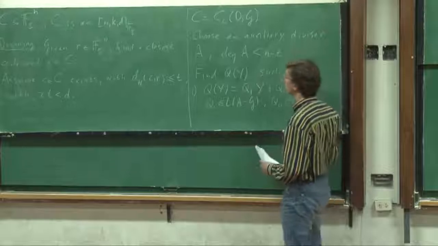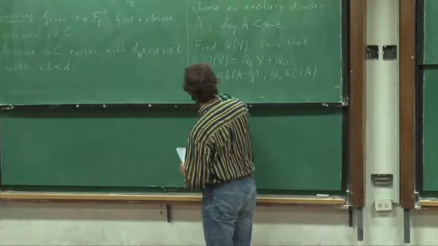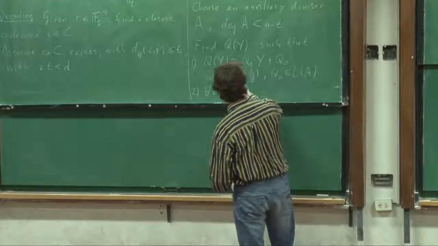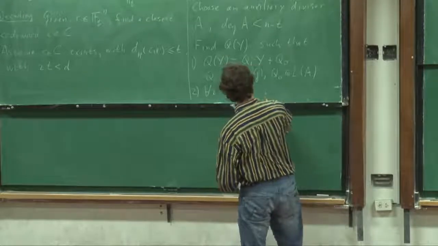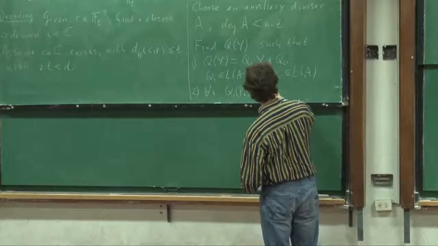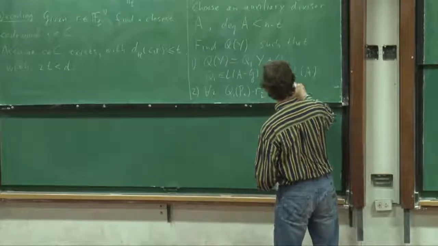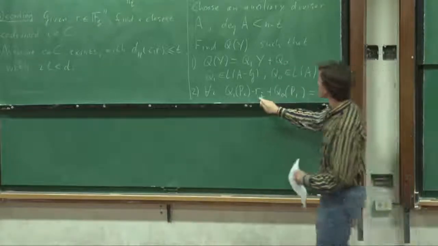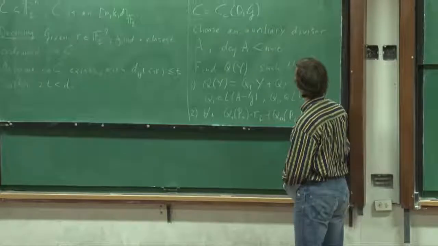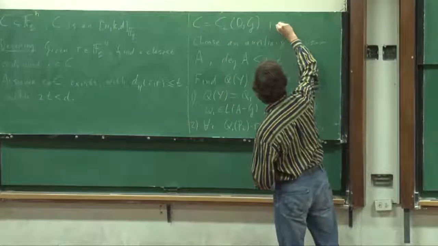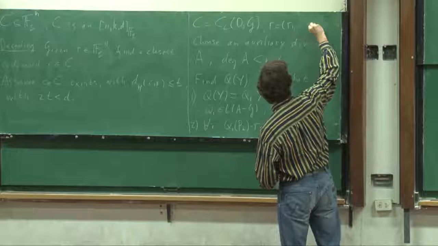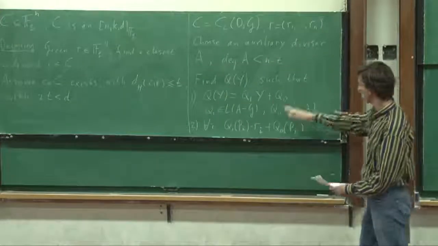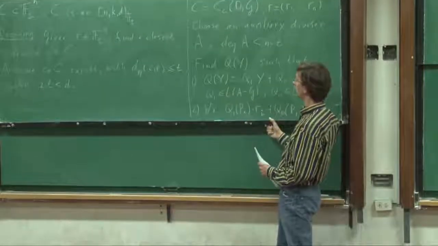So this was one thing, and then the second was that we wanted for all i an interpolation property satisfied, that this is equal to 0, where these r_i's come from the received word. So the input in a decoder is always this r that was mentioned here, so the coordinates of this vector come up there.